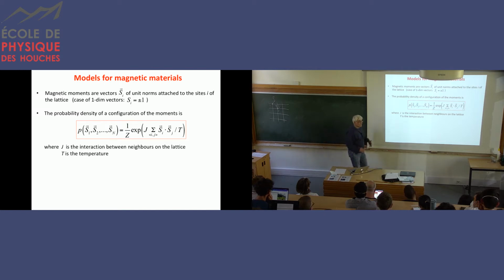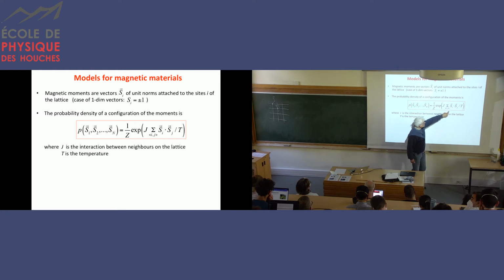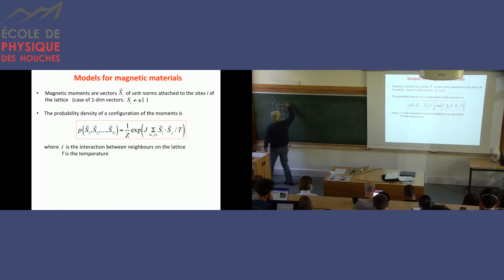Now we describe the joint probability distribution of all these vectors by this distribution here. Up to some normalization factor, it's the exponential of the following term. I take all pairs of sites which are next to each other on the lattice, for instance this one and this one.